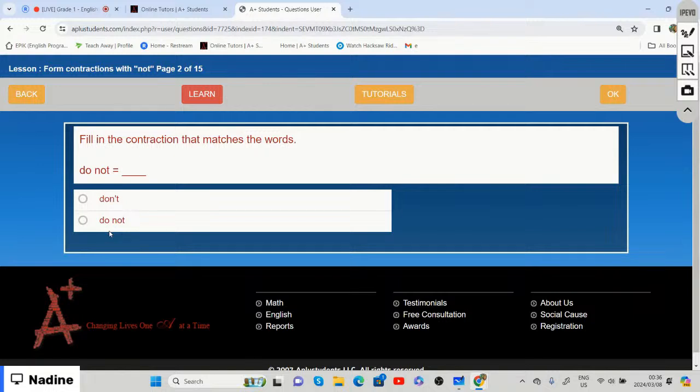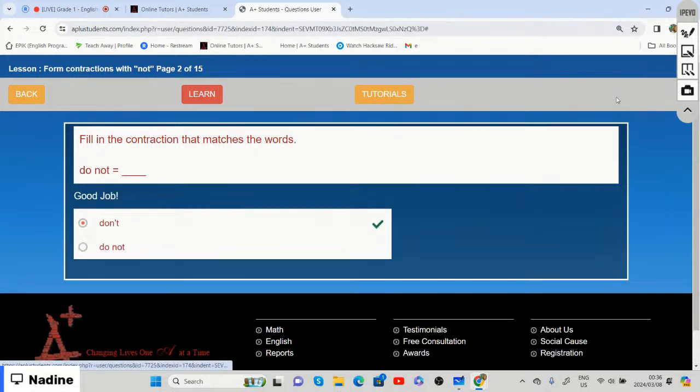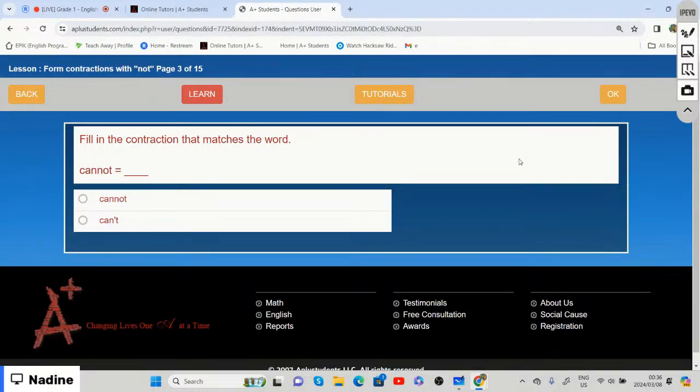All right, so if we then change that word do not into its correct contraction, then we can say I don't, he don't, right? So don't. And don't is our contraction.